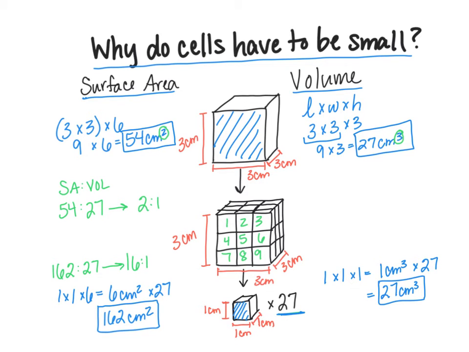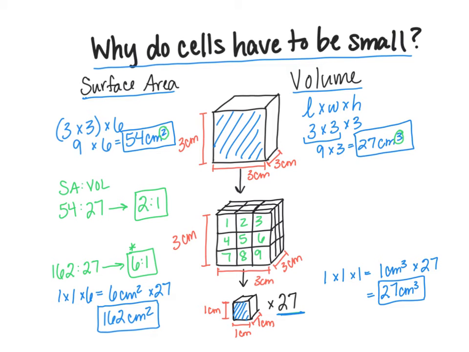And if we compare these two numbers right here, we can see that the smaller boxes give us more surface area per unit of volume compared to our one large box. So this higher surface area to volume ratio allows more surface area for nutrients to get into the cell.